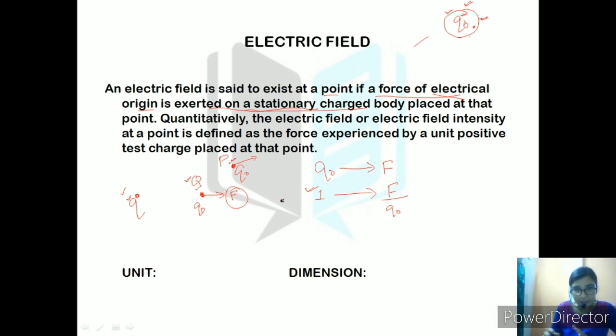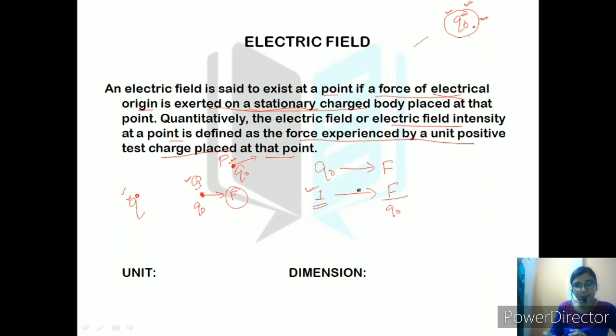So what will be the definition of electric field intensity at a point? It is the force experienced by unit positive test charge, because we are placing this charge to measure the electric field intensity. So, experienced by unit positive test charge placed at that point. Clear?